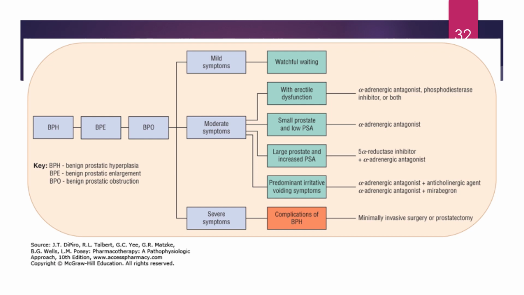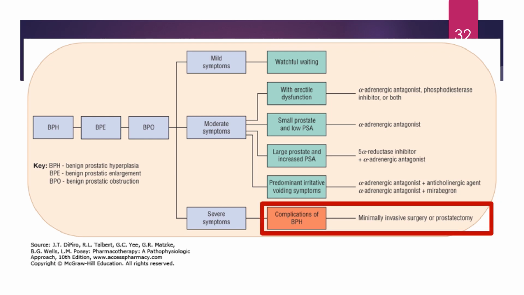And if a patient is having complications of BPH, one of them that I think of predominantly is acute kidney injury or recurrent urinary tract infections, they probably need some type of procedure done. And this can be a minimally invasive surgery or a prostatectomy to remove the prostate or part of the prostate, such that these complications can hopefully be minimized and treat the patient appropriately.